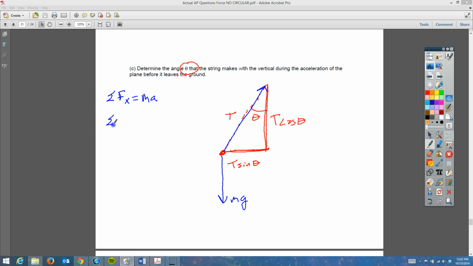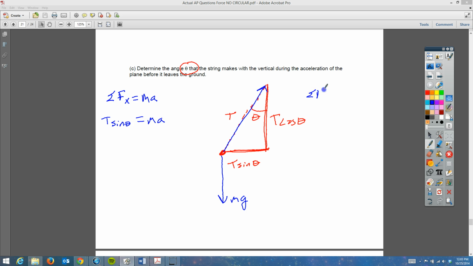We're going to have in the x direction T sine of the angle. There's nothing else in this direction, and that should be equal to ma. So at this point, we've got T sine of the angle is equal to ma, and now we need to do the same thing in the y.